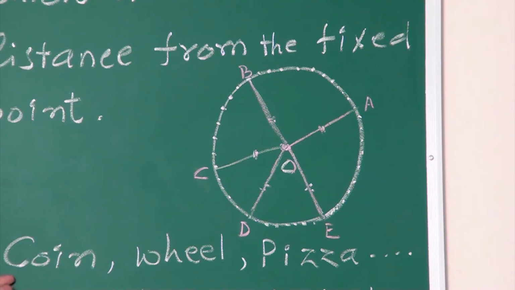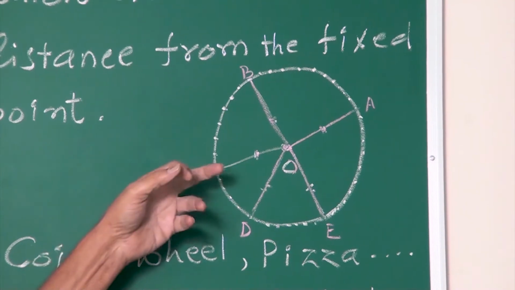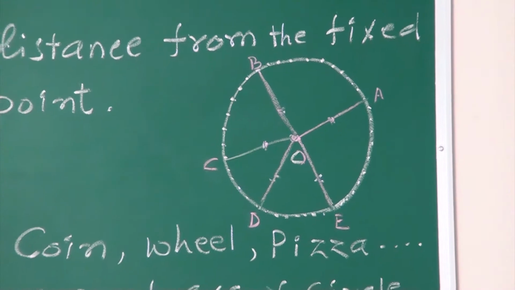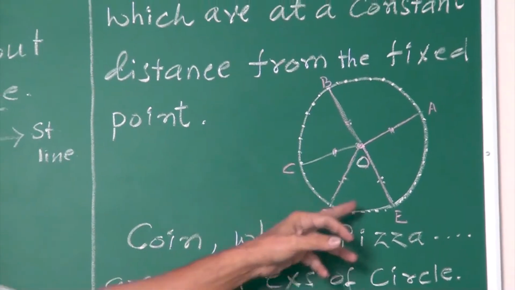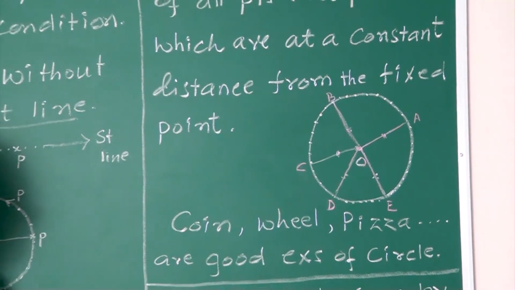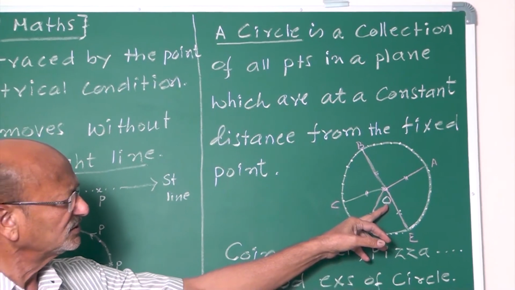A coin, field, pizza, fan, all these are circular in shape. They are good examples of a circle. We define the same definition: a collection of all points at a constant distance from the fixed point.